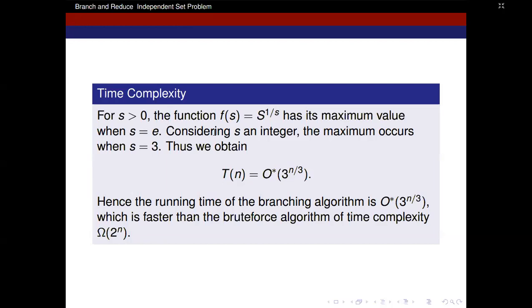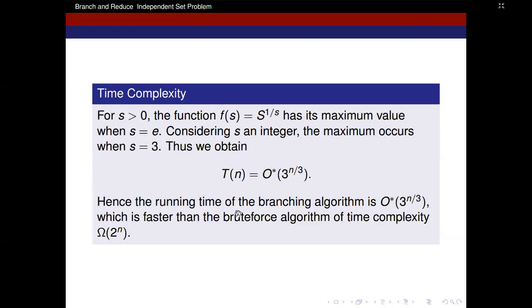Yes, 2.7 something, which is closer to which integer? 3. So considering s as an integer, the maximum occurs when s equals 3. And thus we obtain T(n) equal to O star of 3 to the power n by 3. So this gives the time complexity of this algorithm.